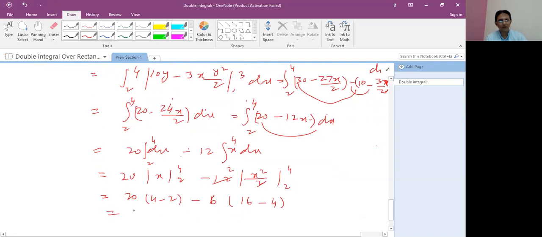If you solve it, 20 into 2 minus 6 into 12 means 40 minus 72. The answer is minus 32.